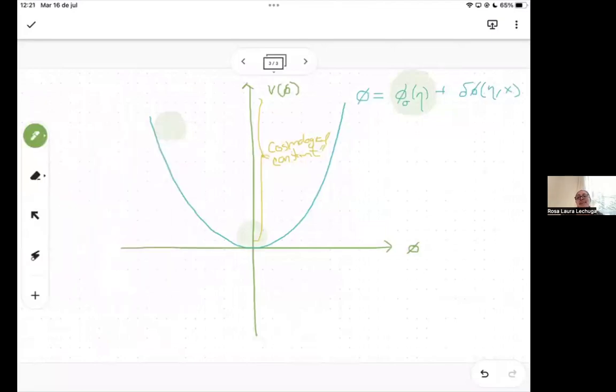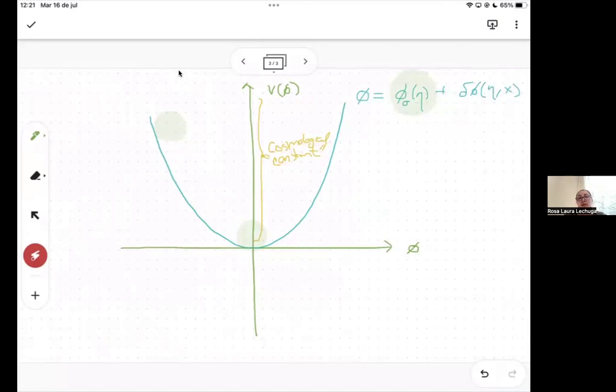So in this sense, we start with a big value of the cosmological constant, and over time it decreases up to turning off this cosmological constant.